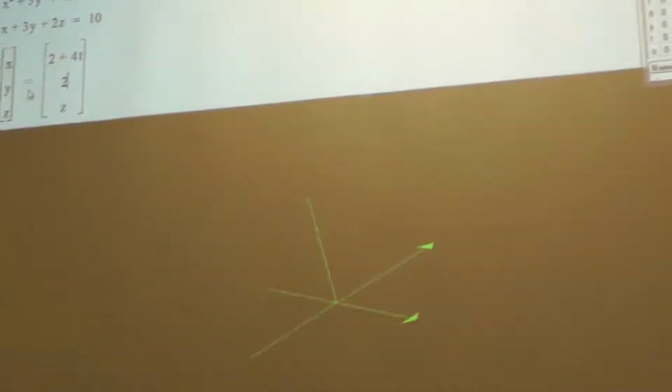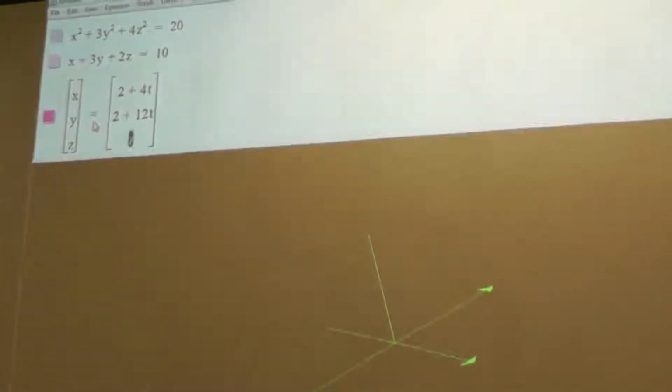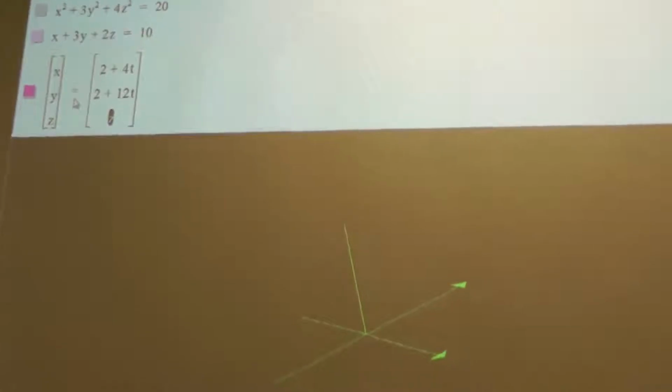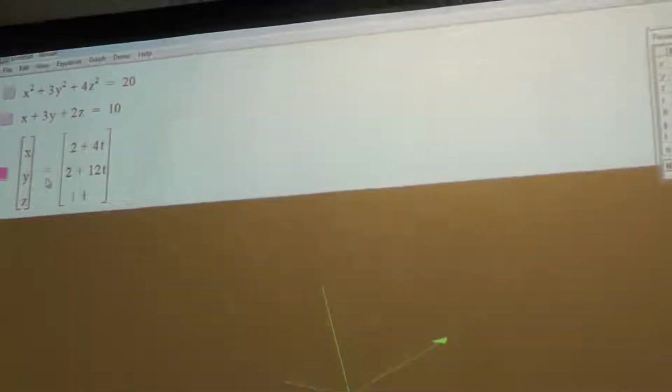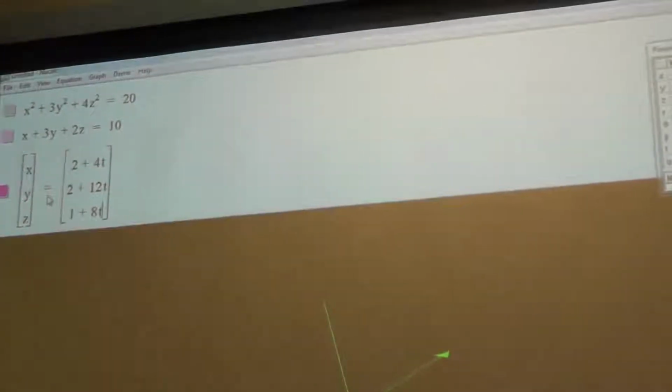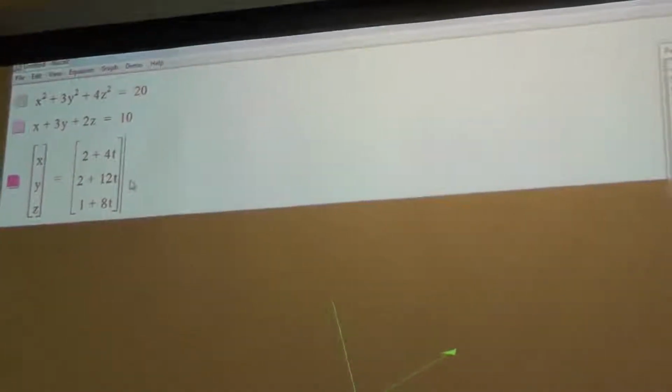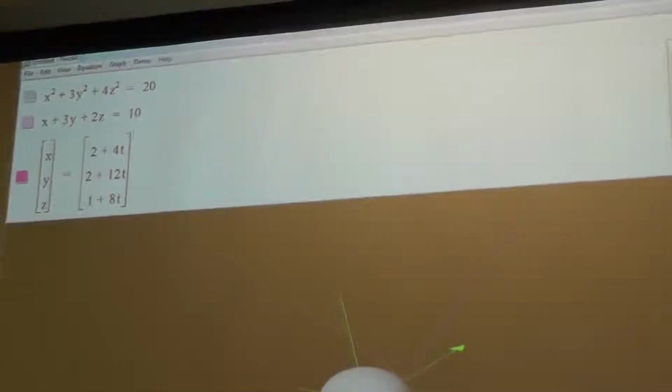The y point of tangency is 2. The j component of the gradient is 12, so that'd be plus 12t. The z coordinate of tangency is 1. The k component of the gradient is 8, so it'd be plus 8t. And then if I graph this, keep your fingers crossed, there you go.